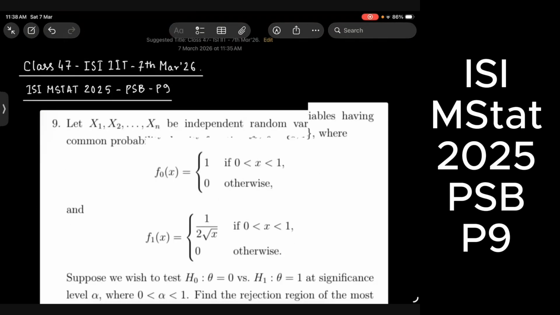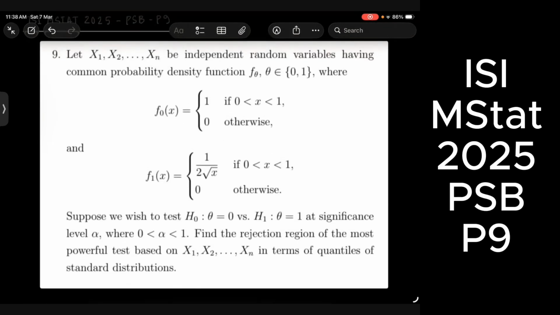So you can see the question, right? You can just take a look at the question.